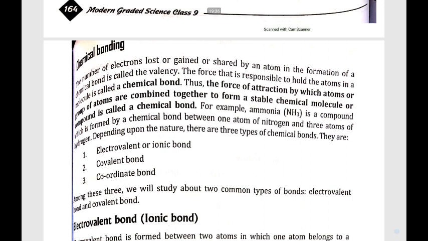Okay, dear students, atoms of elements may gain, lose, or share electrons. I already said. Because of the gaining, losing or sharing of electrons, some sort of force is developed between them, and that force is called, what is it called?